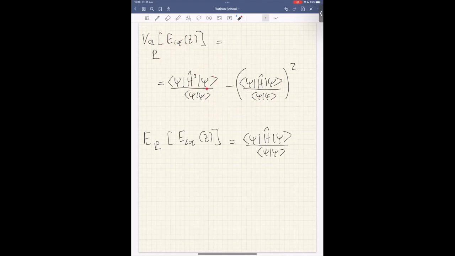If psi is an eigenstate, H squared over psi will give you E0 squared, a constant, and the other term will also give E0 squared. So the variance would be exactly 0.